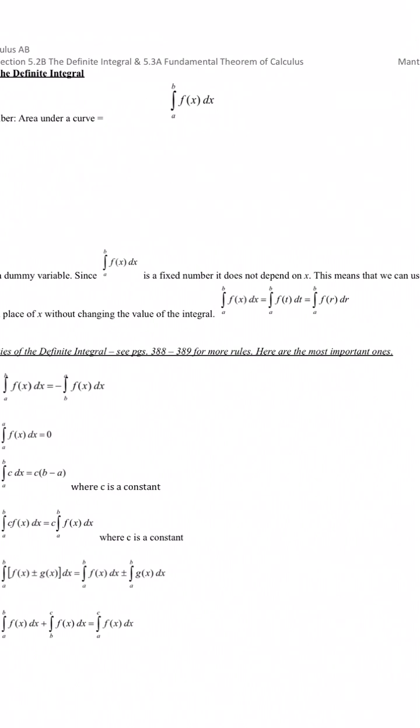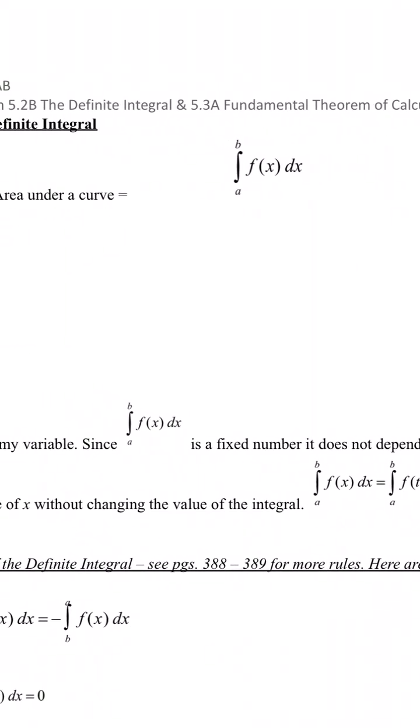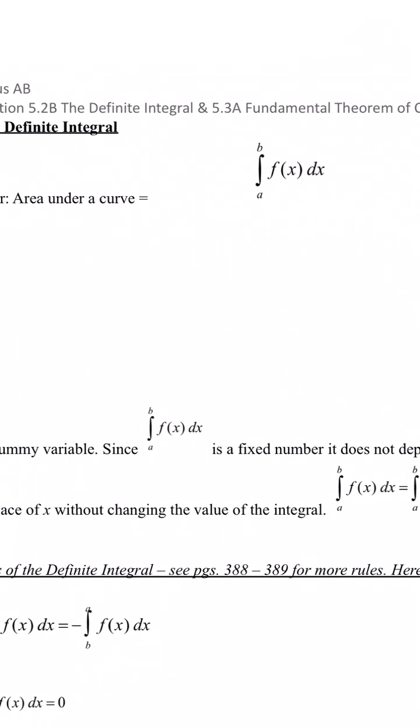Okay, so the thing about integrals is we always want to make sure that we're talking about area under a curve, area between the function and the x-axis. We talked about this last time, but just reminding you that you've got this integral symbol, which means the sum. And a and b are your limits of integration. The a is what we call the lower limit of integration, and b is the upper limit of integration.